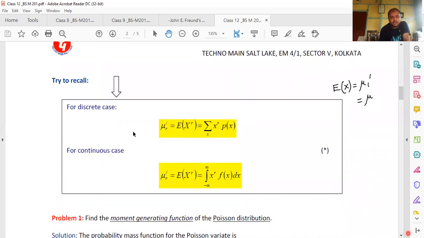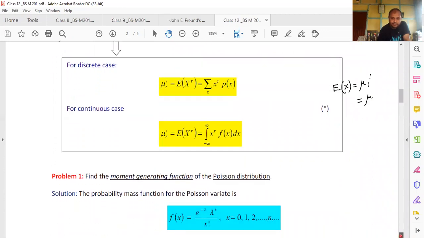That is just for your prerequisite: we discussed that mu r prime had a formula of this kind and that kind for two different cases, one discrete and another continuous. We have taken the help of this particular formula notation, and substituted it in the expression of mxt.